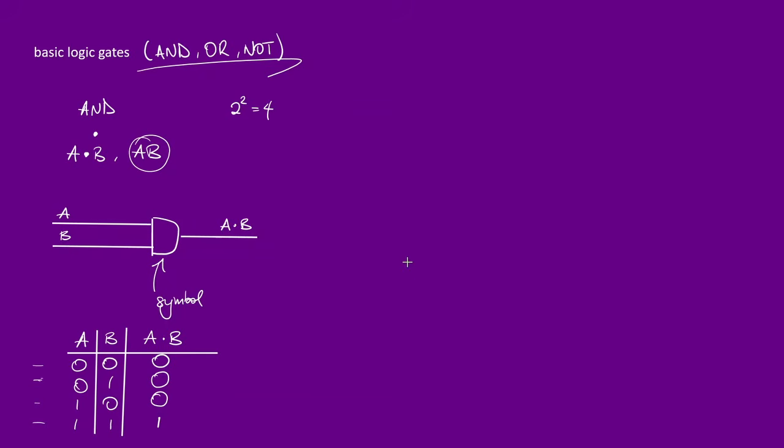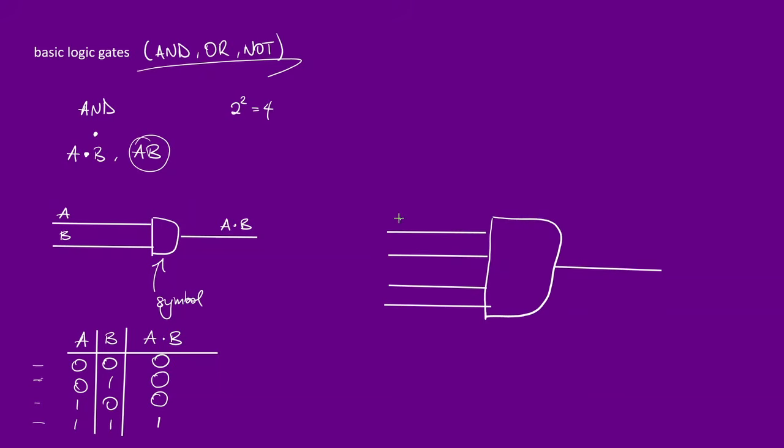You can even have, let's say, 4 input AND gates. Let's say C, D, E, and F going into a really huge AND gate, and the logic is still going to be precisely the same. C, D, E, and F, and output X. Except when all of these are high, 1, 1, 1, and 1, X is going to be 1.